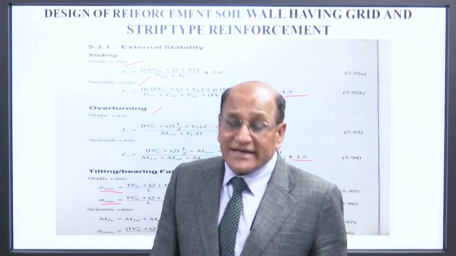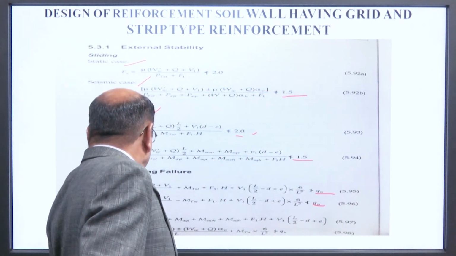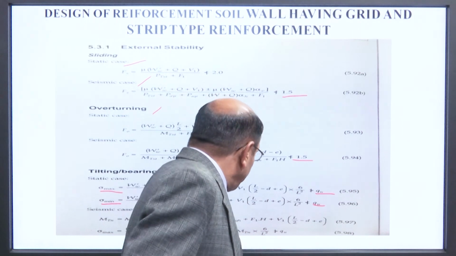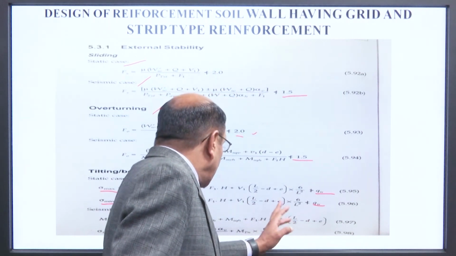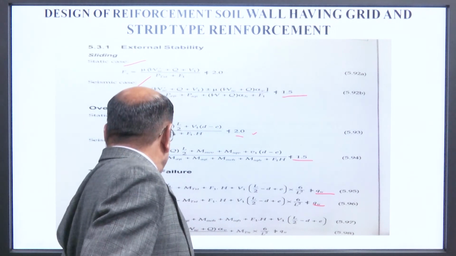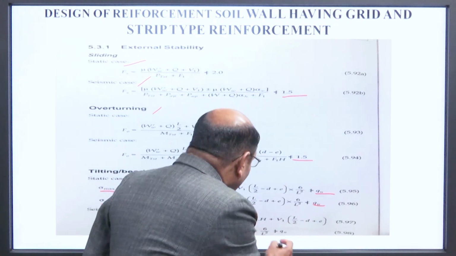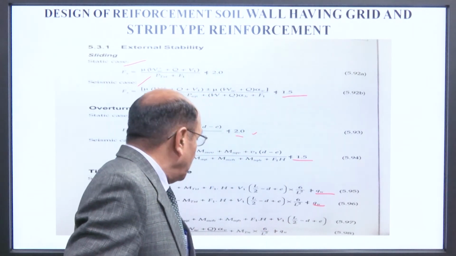So for the seismic cases, we have to consider again MTN, which could be calculated by using the different parameters in this case, and sigma minimum we can calculate, and that should be less than QU.